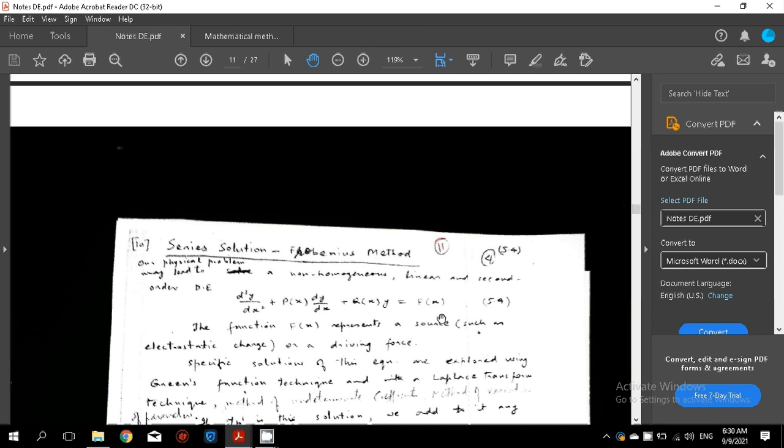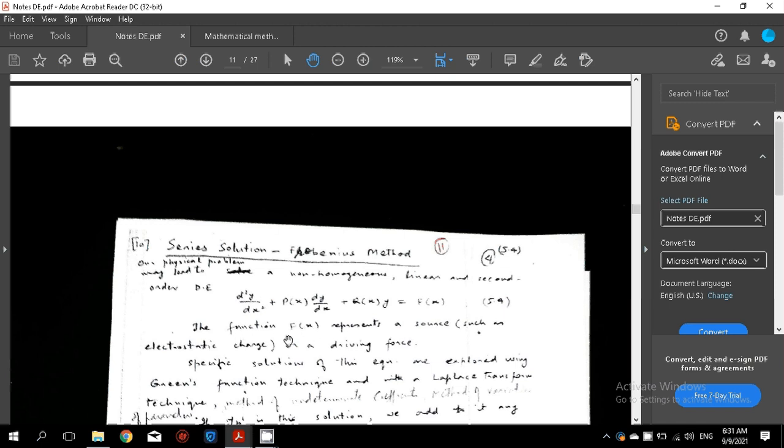So if you have the book pages and my notes side by side, you will easily follow. Okay, so this equation as written here, 5.4, is the most general form of the differential equation of order 2.